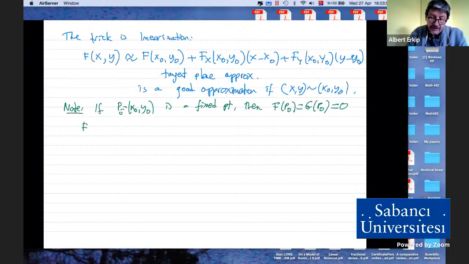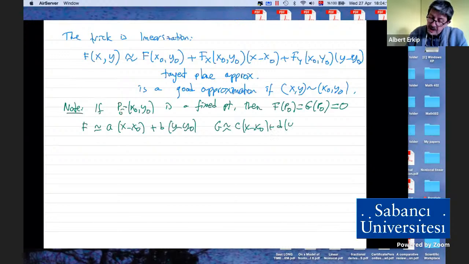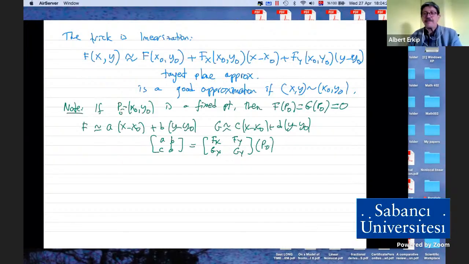So that means f(x, y) will be approximately a times (x minus x0) plus b times (y minus y0), and g will be approximately c times (x minus x0) plus d times (y minus y0), where a, b, c, d are the partial derivatives f_x, f_y, g_x, g_y at the point P0. So this is the approximation we know. Now let's apply it to our problem.